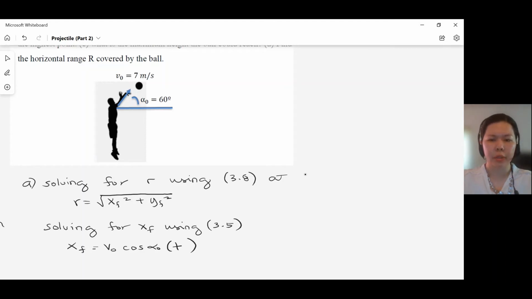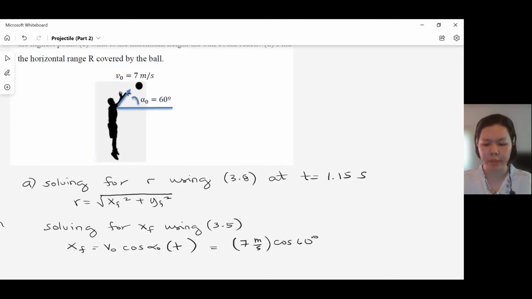We have at t equals 1.15 seconds. So V naught, the initial velocity, is 7 meters per second times cosine alpha naught, 60 degrees, times time 1.15 seconds.